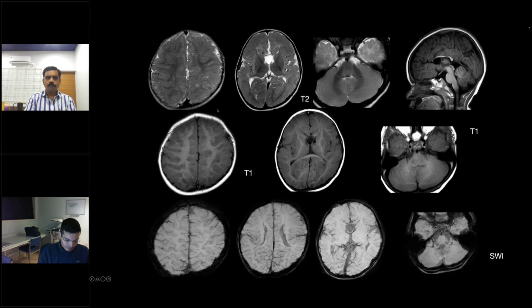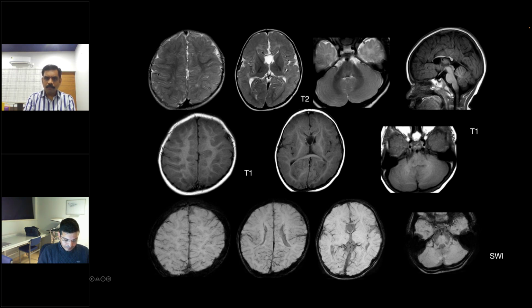So here we have the MR images and the T2 weighted sequences for a 15-month-old child. There is slight delay in myelination, especially in the posterior regions, and also there is reduced white matter volume. The corpus callosum is also thinned out, but the middle portion and the anterior segments are more thinned as compared to the splenium. The morphology of the brainstem, at least to me, appears abnormal.